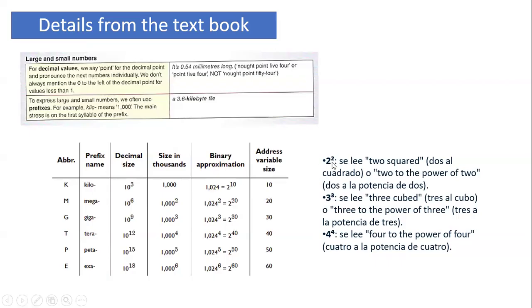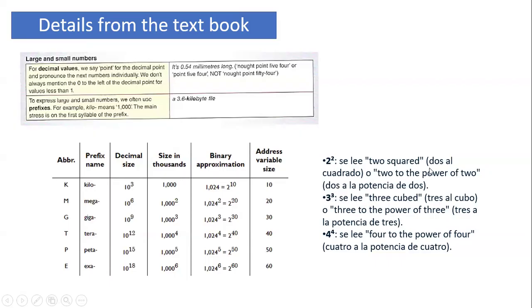So when something is squared, for example, this exponent, we read it 2 squared. If it is 4, 4 squared. If it is 5, 5 squared. If it is cubed, we are going to read it 3 cubed, 2 cubed, 4 cubed, right?